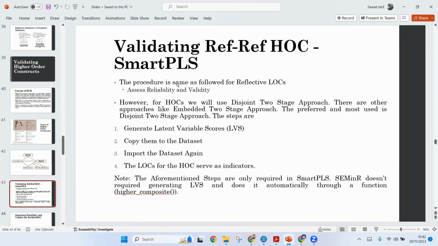The procedure is the same as followed for reflective lower order constructs: assess their reliability and validity.